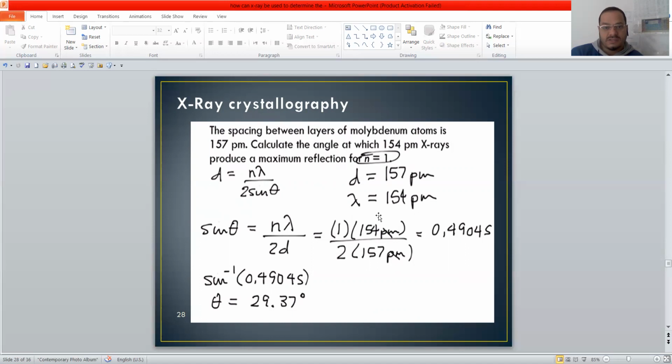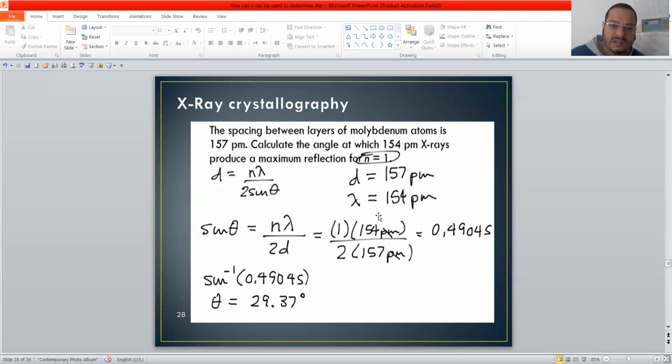That means d of molybdenum atoms is 157 pm. pm means picometer. Pico, like I said, equals 10 to the power of minus 12.